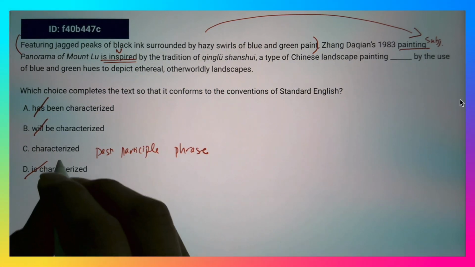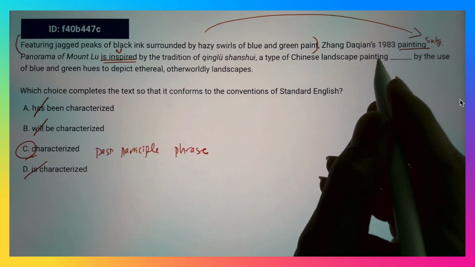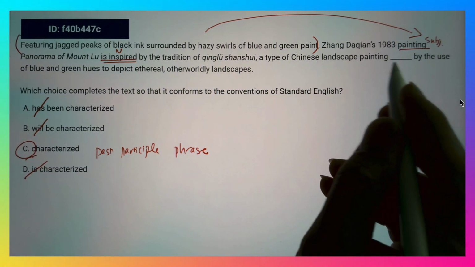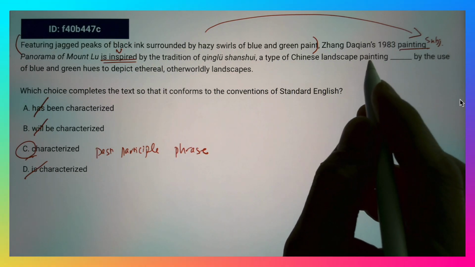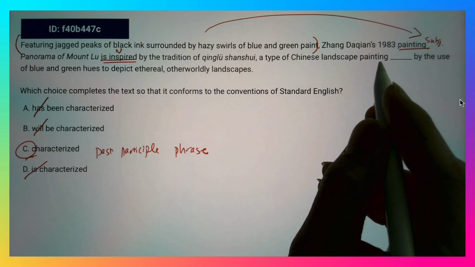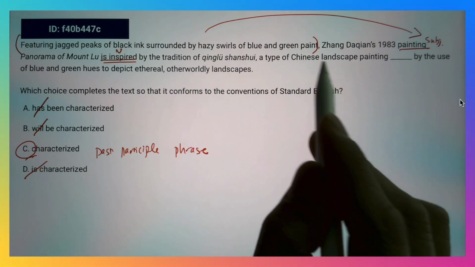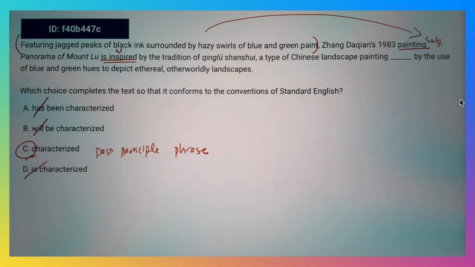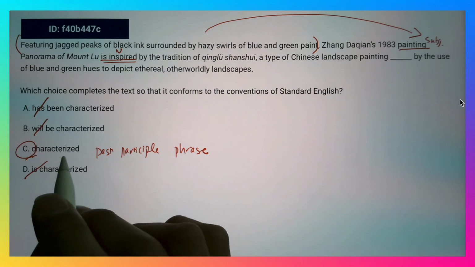Okay, to avoid the finite verb, and that's because this painting is characterized. But we cannot say is characterized. We have to say the painting characterized. Okay, so the purpose of this past participle phrase is to limit or to qualify the landscape painting, not just any kind of landscape painting, but landscape painting characterized.